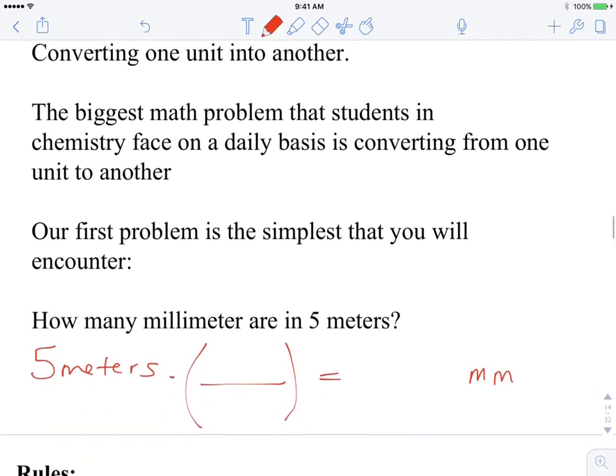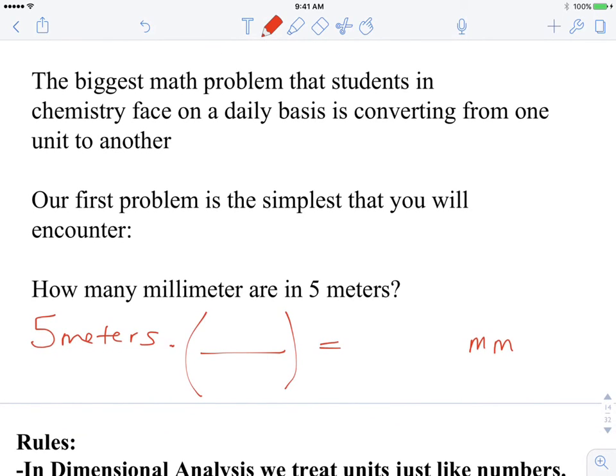What that means is that, and I'll do this on the side, if I were to have 1 meter, I would have 1,000 millimeters. Or, as it's written in the chart, if I were to have 1 millimeter, I would have 0.001 meter. You could use either of these because they mean the same thing.